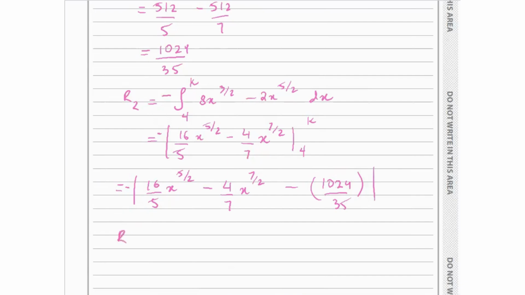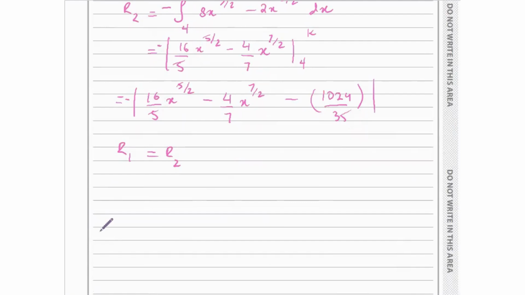So this says that R1 is equal to R2. R1 is 1024 over 35. R2 is minus 16 over 5 x to the power of 5 over 2 plus 4 over 7 x to the power of 7 over 2 plus 1024 over 35. When we take the 1024 over 35 to the other side, we subtract them and it becomes 0 on that side.